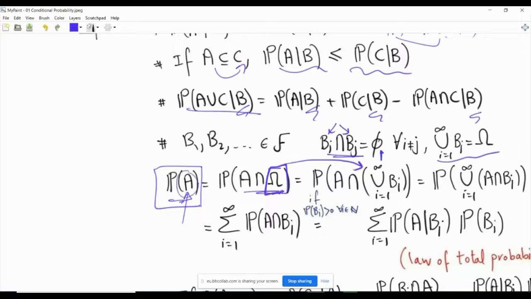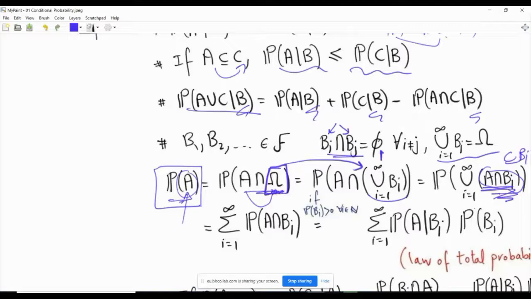Again, you take A, you write A as A intersection omega, and then you write omega itself as the union, in some cases finite, in other cases countably infinite, of subsets of big omega that are disjoint. Now, A intersection a union of guys is equal to the union of the intersections. Now, the B's are disjoint, and each one of those guys is a subset of Bi, so those guys themselves are disjoint.